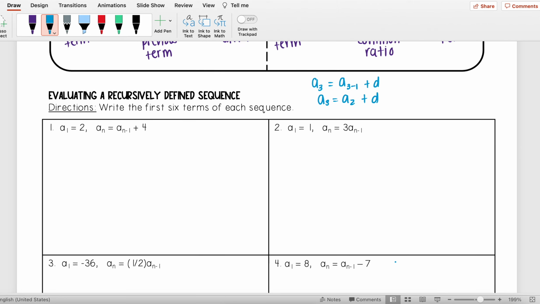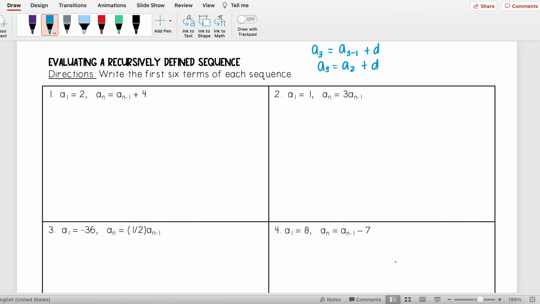So let's go through some examples of evaluating. Directions: we're going to write the first 6 terms of each sequence. I notice I do have a recursively defined sequence here, a recursive rule, because I have my first term stated, and then I have my recursive rule right here, where I have an minus 1, which is just going to be the previous term, plus 4. So I'm going to highlight that, and I know that's the previous term.